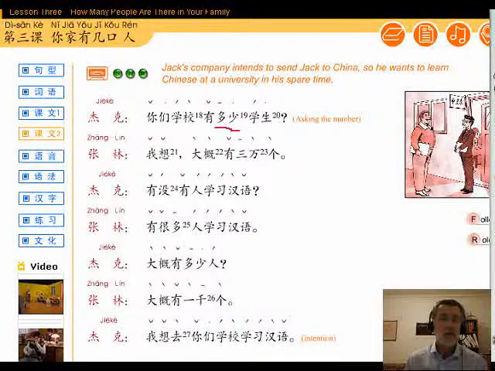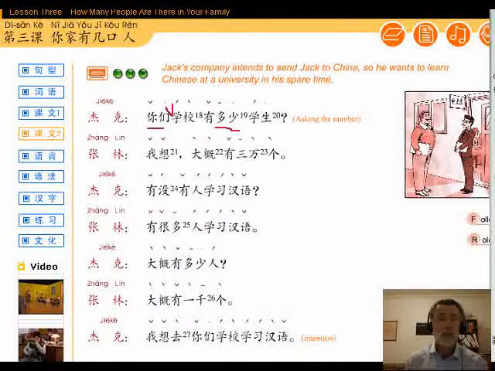The other thing I'll point out here is when we're talking about your school, that's 你们 in the plural, because we're talking about an organization that they belong to, as in school, so they're a member of the school, we don't actually need to put the 的 in the middle here.